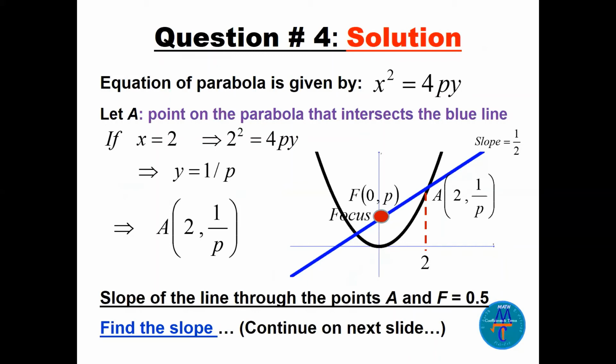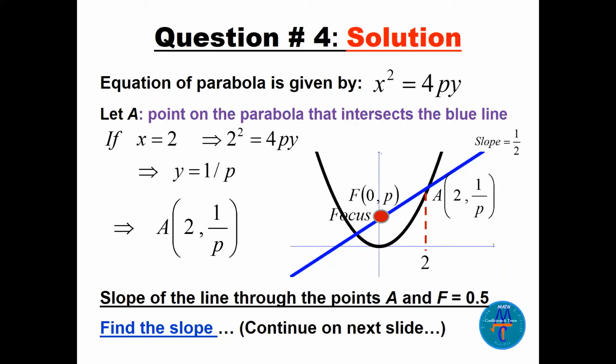So let A, you see here the first, second line, let A be the point on the parabola that intersects the blue line here. So this is the point A. The x of 2 is given, but I have to find the y. I don't know the y of this point. I know the x. So I take x equal to 2 and put it in the equation above. 2 squared is equal to 4py.